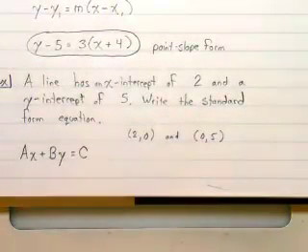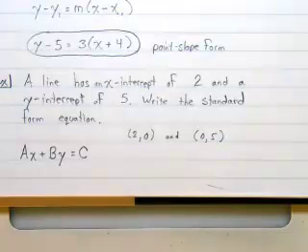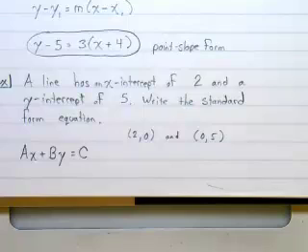If I use one of the other two forms, slope-intercept form or point-slope form, what do I need to have for both of those? Slope, which I don't have yet, right? But I can calculate it, right? How do you calculate a slope?